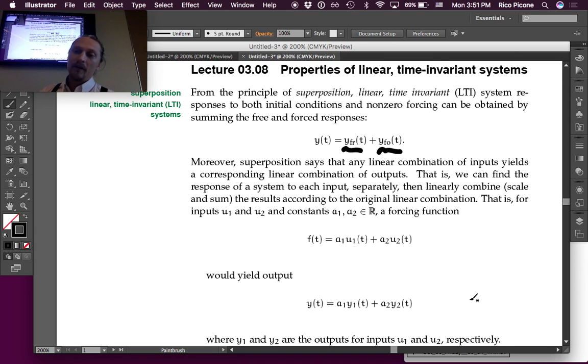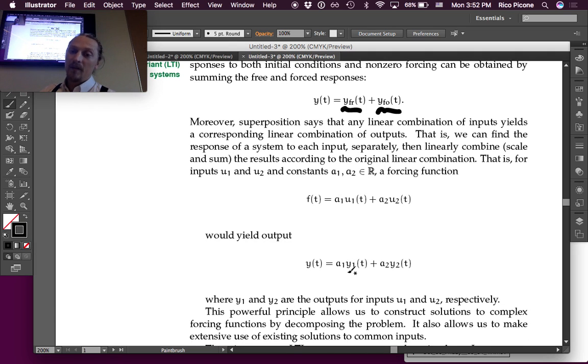That is, in math language, for inputs u1 and u2, constants a1 and a2, a forcing function that includes a linear combination of u1 and u2 will yield an output that's just the same linear combination of the output of the system to u1 and the output of the system corresponding to u2. So if you multiply the input by something, you can multiply the output by something, and that would be the same result. If you add two inputs, same as adding the two outputs. This is true of linear systems, which makes them really nice to work with.